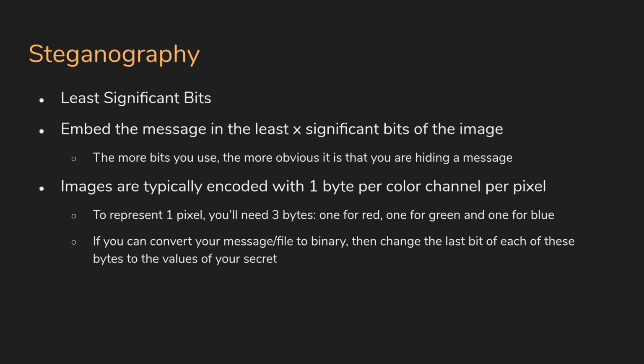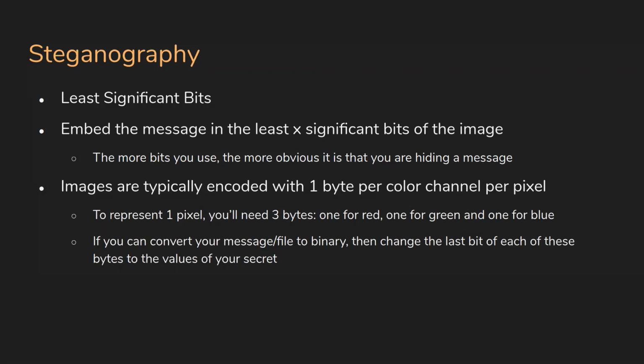How they do it with image files, and actually this works for any other file, is called least significant bits. It takes your message, converts it to binary, and then embeds the message in the least significant bits of the image or whatever file you're using. The more bits you use, the more obvious it is that you're hiding a message, because it changes the values of the pixels more and more.